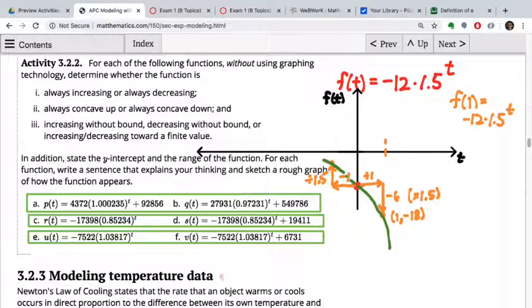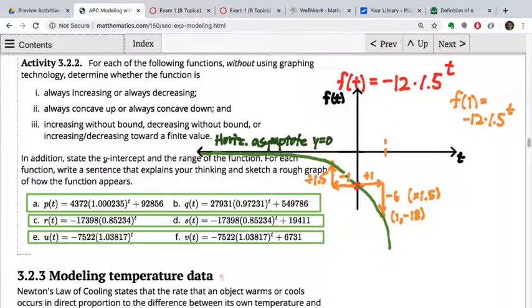I guess it's the t-axis in this example. But it never quite ever gets there. What did we call that last time? An asymptote, a horizontal asymptote. Horizontal asymptote at y equals 0.